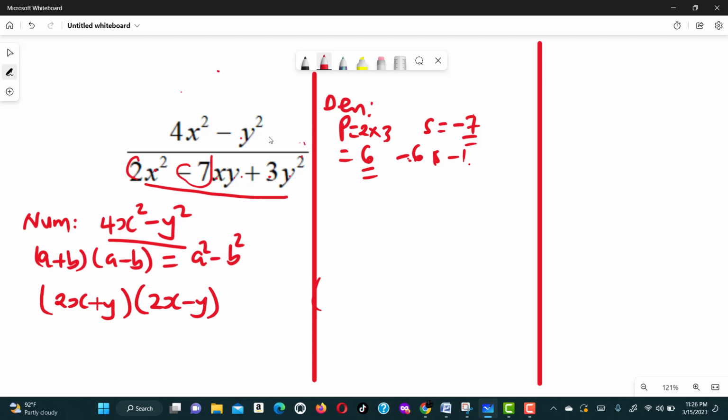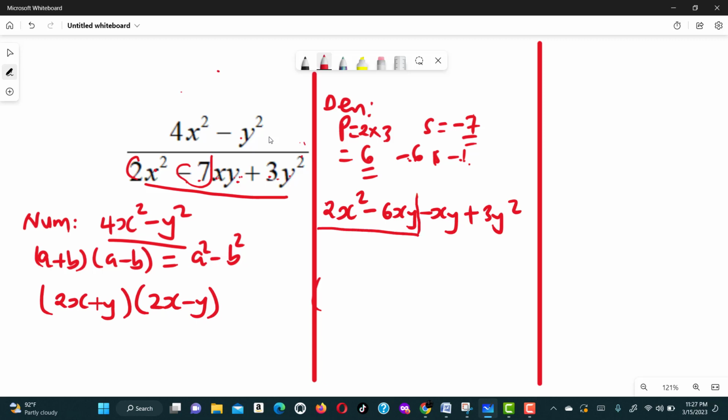Now, what we need to do is replace this negative 7xy with these two numbers, considering the fact that we have got the variables xy. We are going to rewrite the denominator, and that will be 2x squared minus 6xy minus xy plus 3y squared. From there, we divide the expression into two equal halves, a process called factorization by grouping.